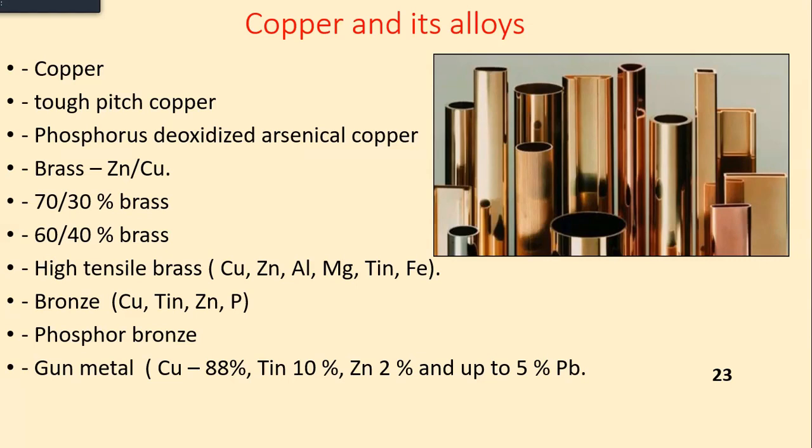From this you get brazing. Brazing is one of the operations of welding, where zinc and copper as an alloy can be utilized as filler material. 70/30 brass, 60/40 brass.